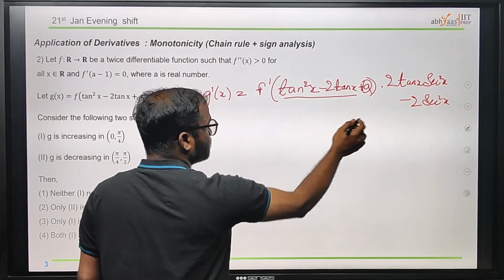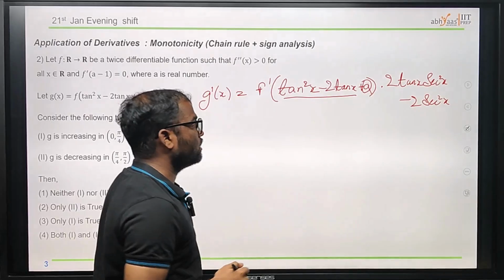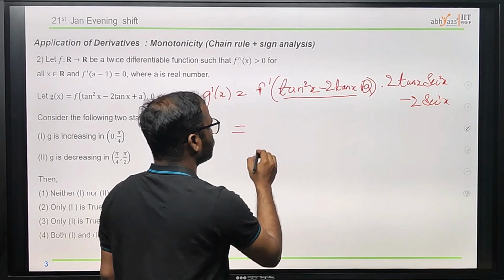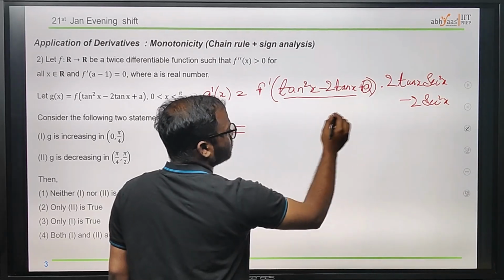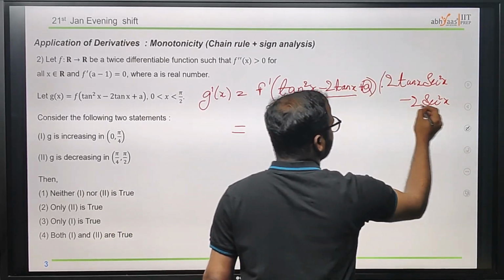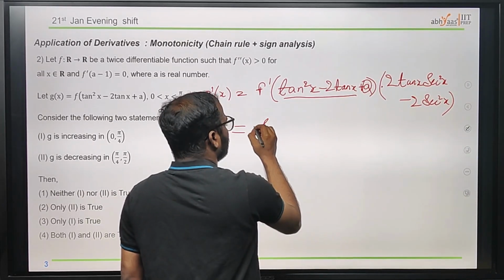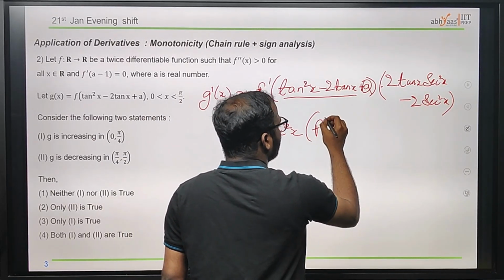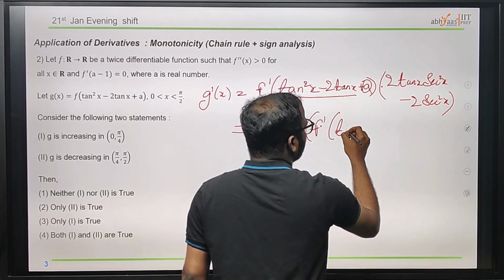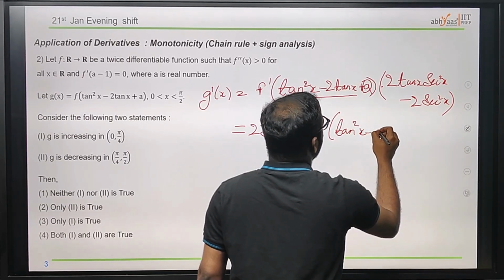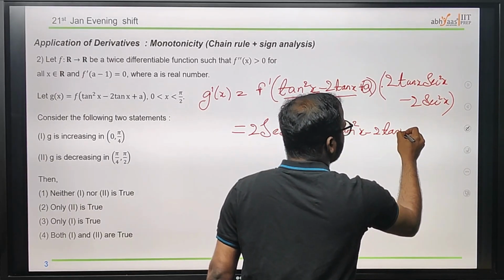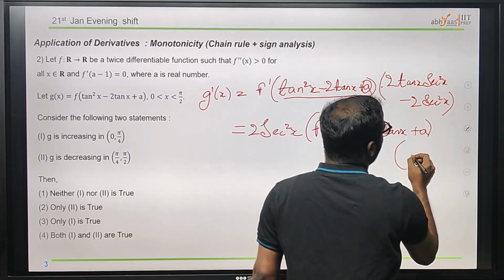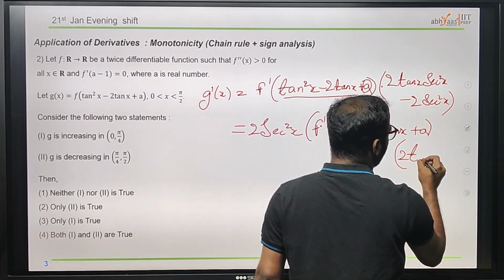Now we have to check whether it is increasing or decreasing. For that we need to check whether it is positive or negative. Just take secant square common, so we have 2 secant square x as common: 2 secant square x into f dash of tan square x minus 2 tan x plus a, into tan x minus 1.